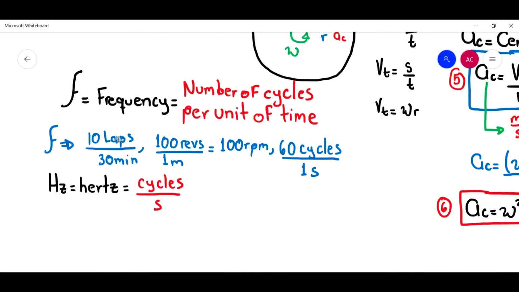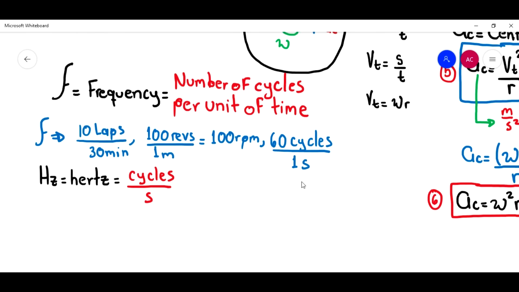So if you see, if I want to write these frequencies in hertz, I need to transform minutes into seconds. Okay, so for example, this one is already in cycles per second. So this one over here will be frequency equals 60 hertz.